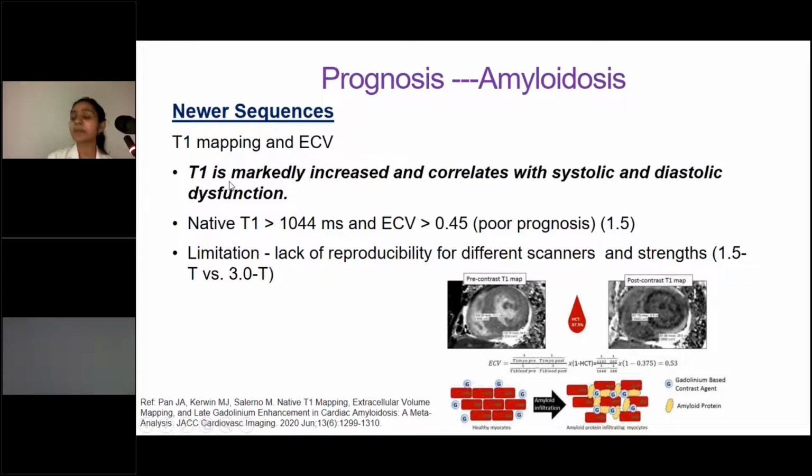This T1 mapping can also be followed up to look for any response to treatment, and more importantly, it can be performed without administration of contrast, and therefore can also be done in patients with advanced renal failure, which is often seen in patients of cardiac amyloidosis. A number of studies have given cutoff values for the native T1 and extracellular volume for determining which are indicative of poor prognosis. However, the limitation of these sequences is the lack of reproducibility for different scanners and different field strengths.